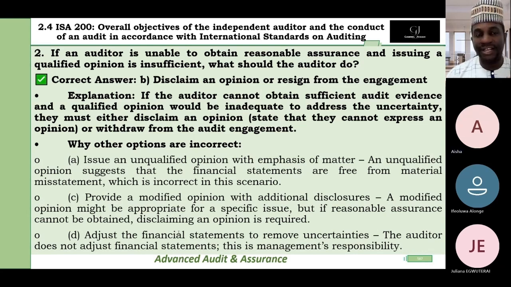In a situation where financial statements are to be prepared in line with IFRS, for example in Nigeria, and the company prepares them based on GAAP, Generally Accepted Accounting Principles in the US, you issue an adverse opinion. You prepared your financial statements based on GAAP instead of IFRS, and the auditor cannot say whether it's clean or not clean because that framework does not apply to our jurisdiction.